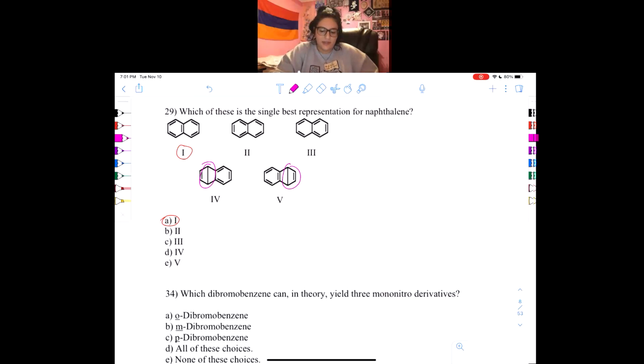Naphthalene does not have a bridge. And when you look at these more closely, you will see that the one that is closest to the actual naphthalene molecule is A, and you can also tell that it's not going to be 2 or 3 because that is exactly the same molecule, just flipped around.